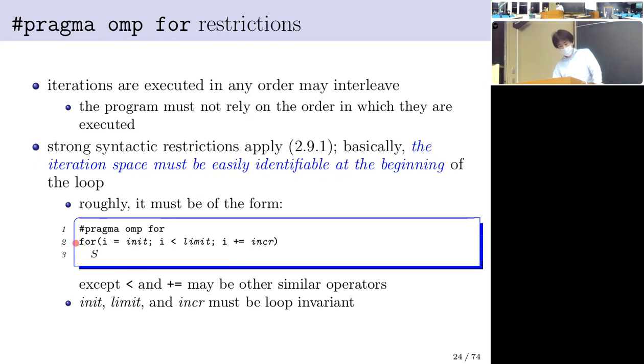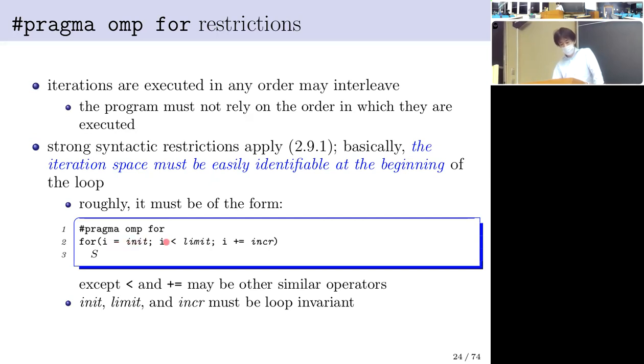Before actually executing any iteration, when the execution reaches this line 2, if the for loop looks as simple as this, you can easily identify the possible values of this index variable i, right?